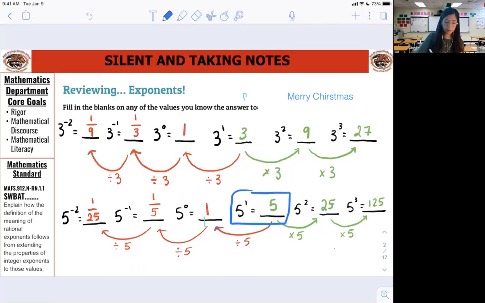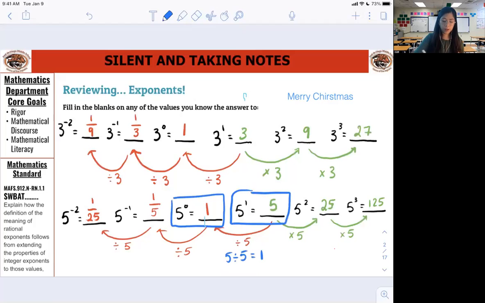Going backwards, 5 to the power of 0, I have to divide by 5. Well, 5 divided by 5 is 1. Since 5 is the base number, when you divide it by itself, it's 1. So that's why we end up with the answer of 1.